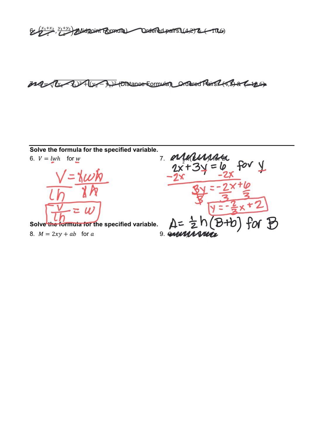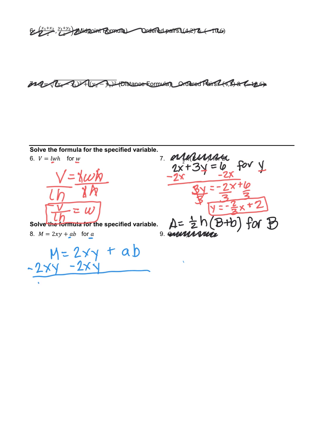Okay, number 8. It says solve the formula for the specified variable. So we can see here we are solving for a, lowercase a. So we have capital M equals 2xy plus AB. We are going to isolate our a. So the first thing we need to do is take that 2xy to the other side. So we do minus 2xy on both sides.